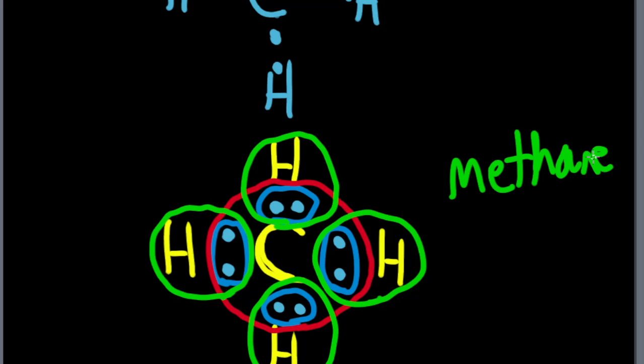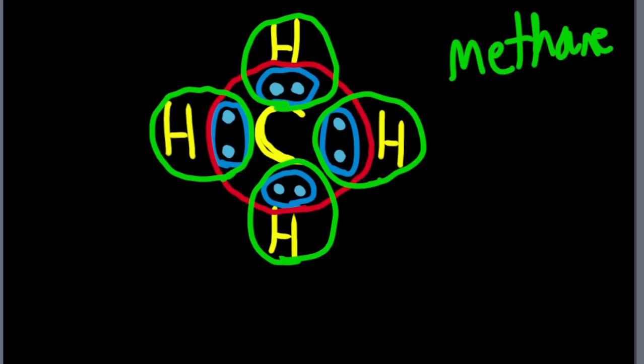And the diagram that we have used to represent methane is known as a Lewis dot structure. To simplify this even further, though, we can turn any 2 dots into a single line.